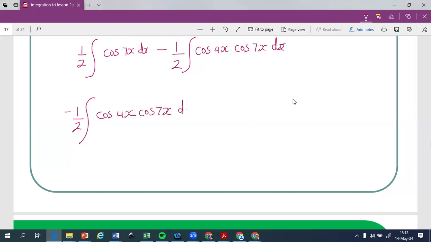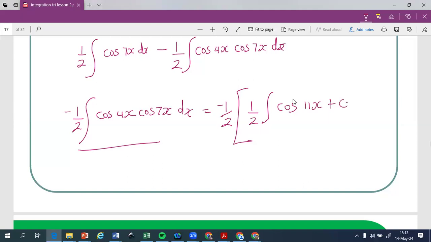Then you have to remember that when I have cos and cos, that one yielded a half. So that one inside I have negative a half into, I'm just working out this. I know it is going to be a half integral of cos 11x, that is a plus, and cos 7 minus 4, which is 3x, everything dx.